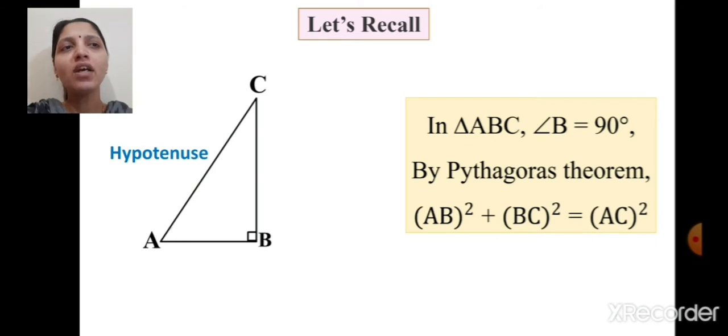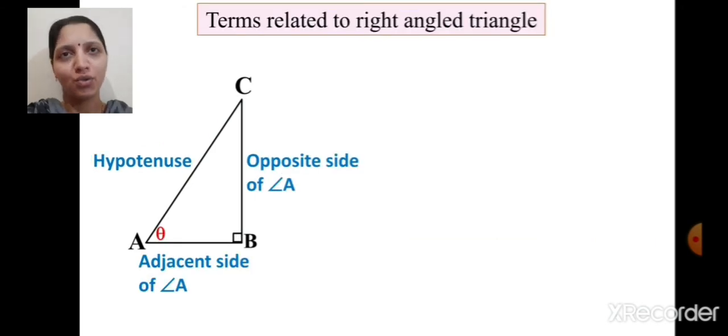Now let's see what are trigonometric ratios and what are the terms related to right angle triangles. Here in triangle ABC, angle B is 90 degree, and the rest two angles, that is angle A and angle C, those angles will be acute angles.